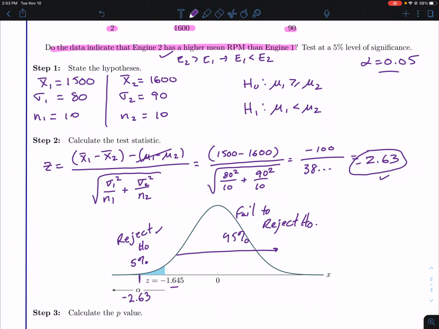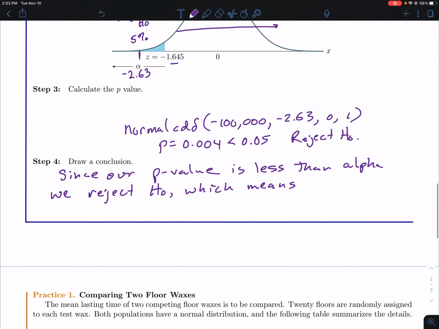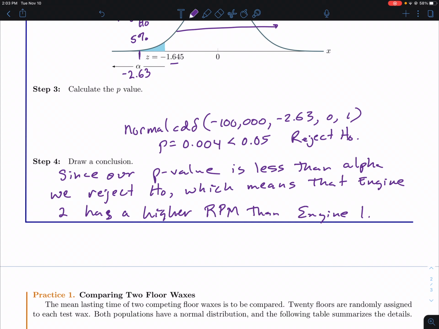So that means that engine 2 does have a higher RPM than engine 1.